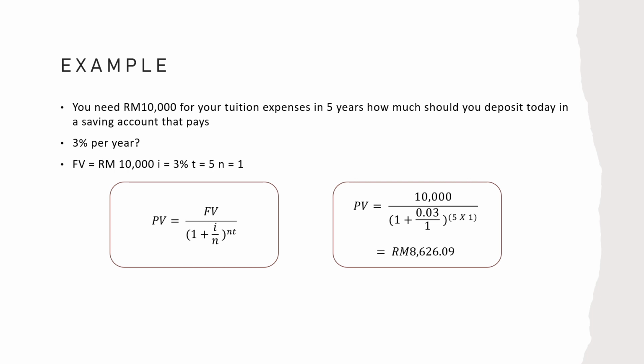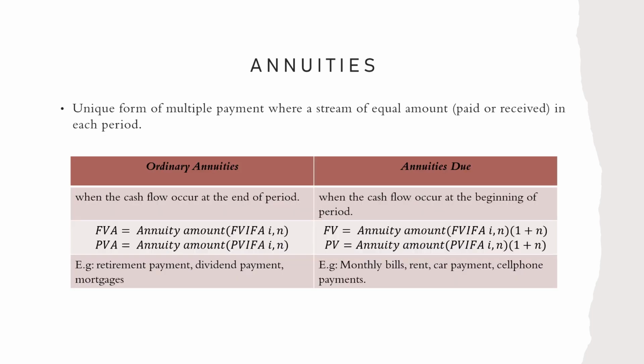So the future value is 10,000 ringgit, interest is 3%, number of years is 5, and the compounding period per year is 1. After we calculate, we will get 8,626 and 9 cents.